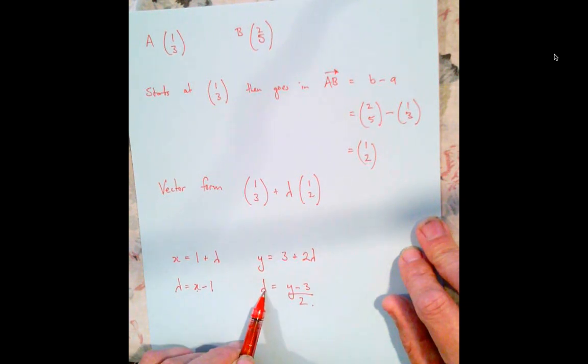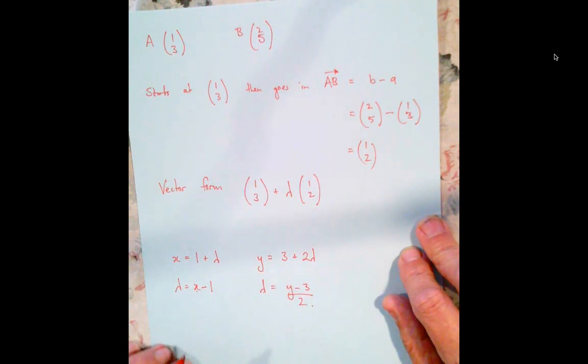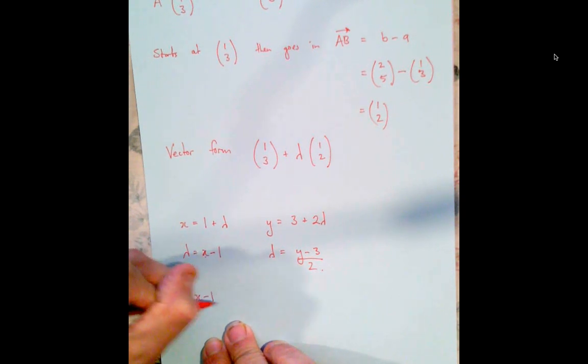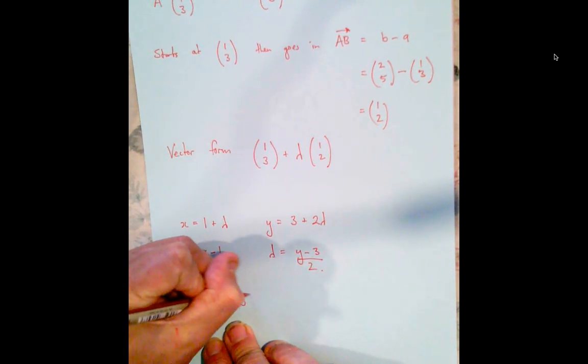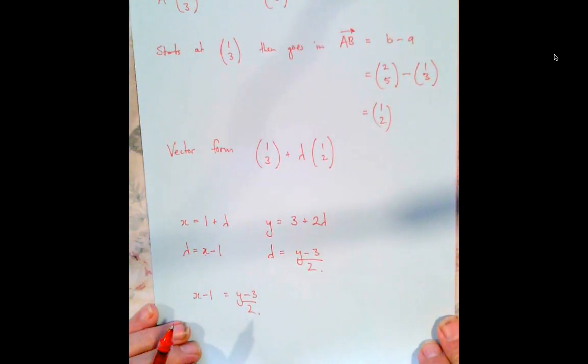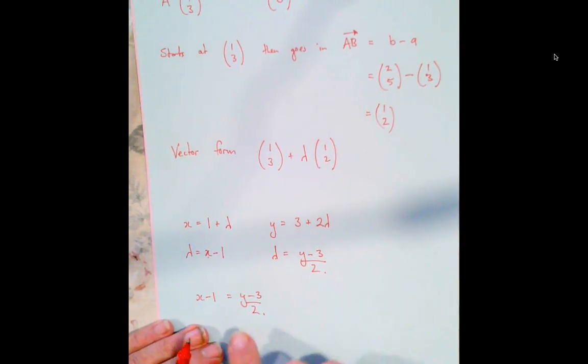Here we're going to get y minus 3 divided by 2. So that gives us two equations: x minus 1 equals y minus 3 over 2. We could do more with that because we've got two equations and two unknowns, so we could solve it and write different things. But when we've got three equations, we just leave it in this form. So I will leave that one in this form.